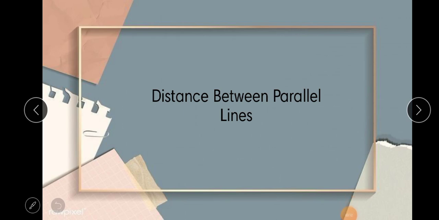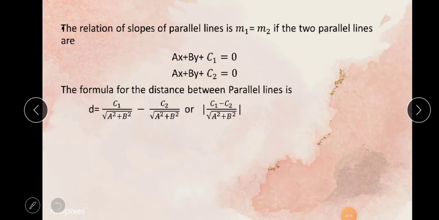Next is the distance between parallel lines. The relation of the slopes of parallel lines is m sub 1 is equal to m sub 2. You can say that they are parallel lines if the slopes of the two lines are equal.